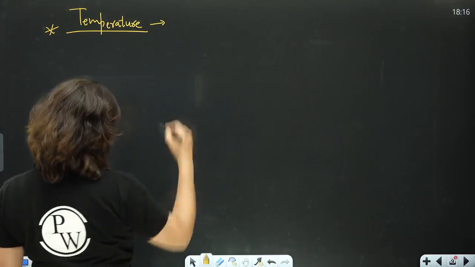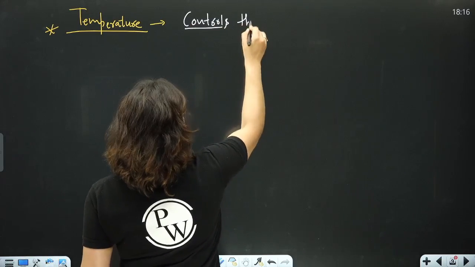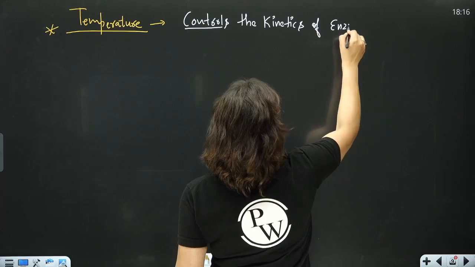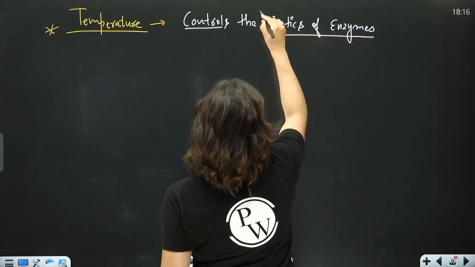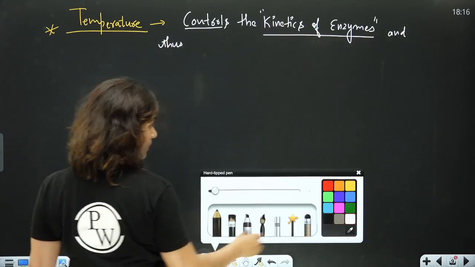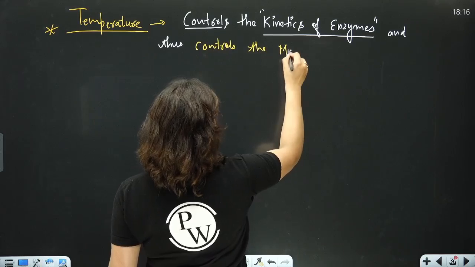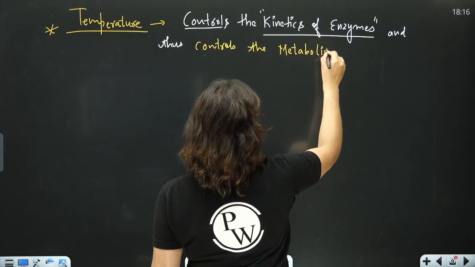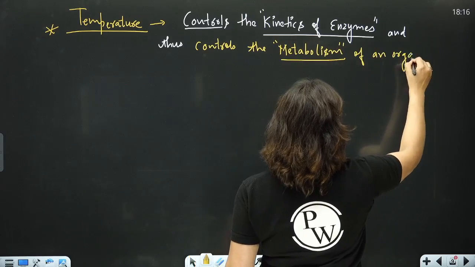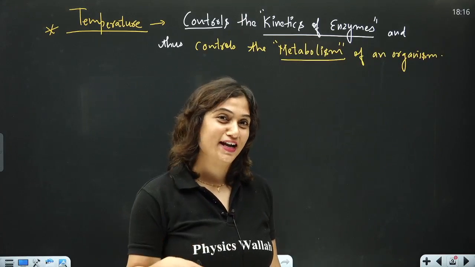So temperature controls the kinetics of enzymes, and thus controls the metabolism of an organism. That is why temperature is called the most important environmental factor, because it controls the various reactions occurring inside the organism.